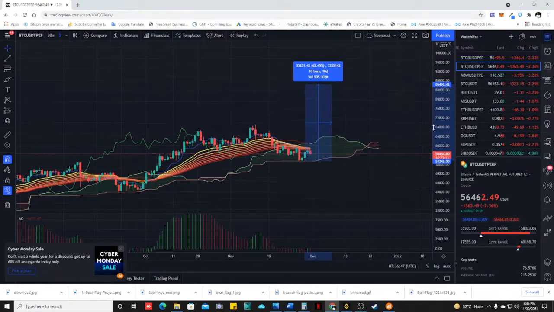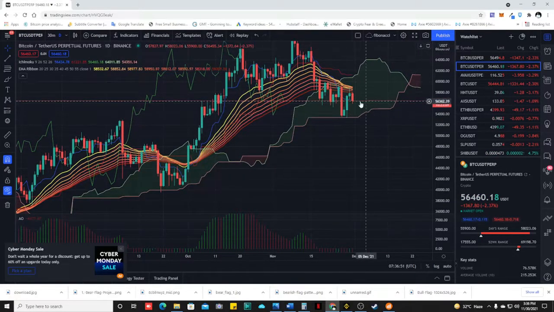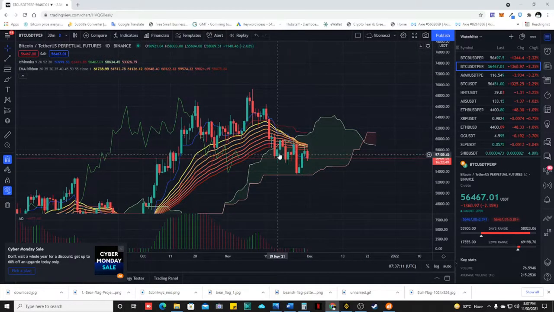So this is really a bullish sign. If this Ichimoku cloud is respected, then bounces, and then crosses this cloud at 62,000, then it will fly. It will fly to 86,000.